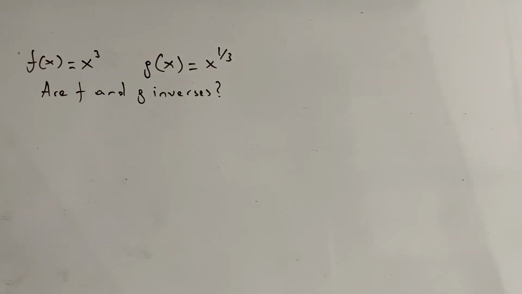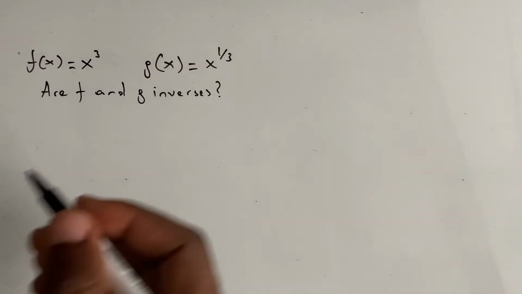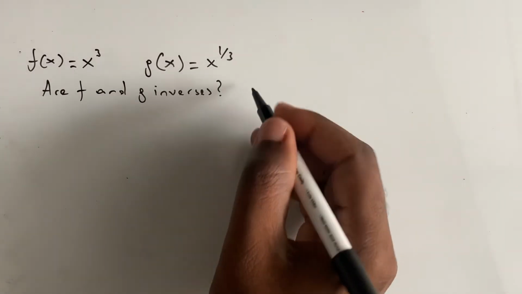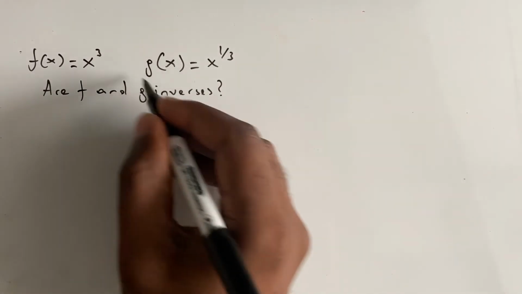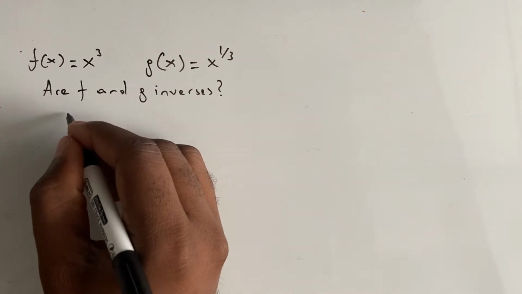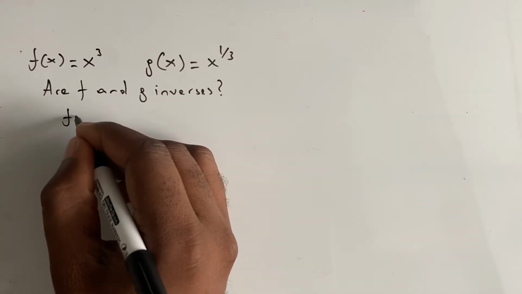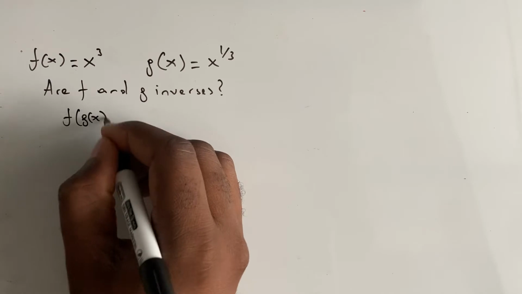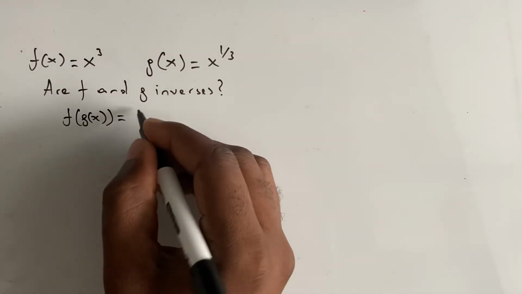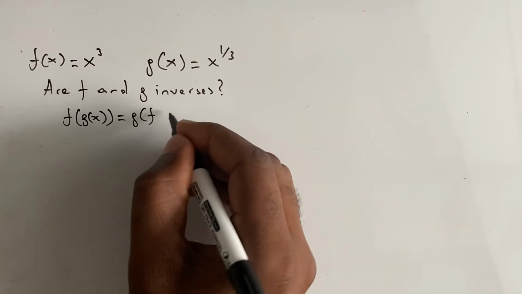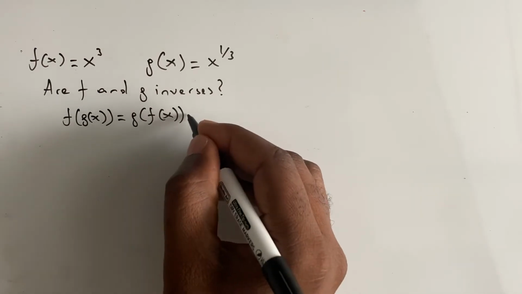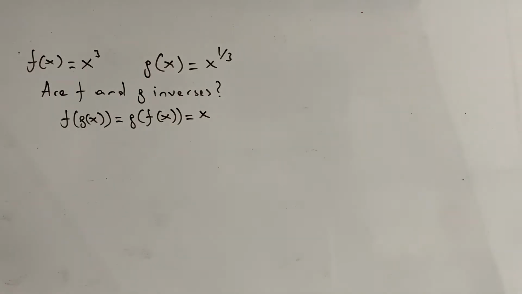Well, one thing to know is that for functions to be inverses of each other, one thing you have to check is this: f of g of x must be equal to g of f of x, and they both should be equal to x. So this is what you're checking. If this is true, then they're inverses of each other.